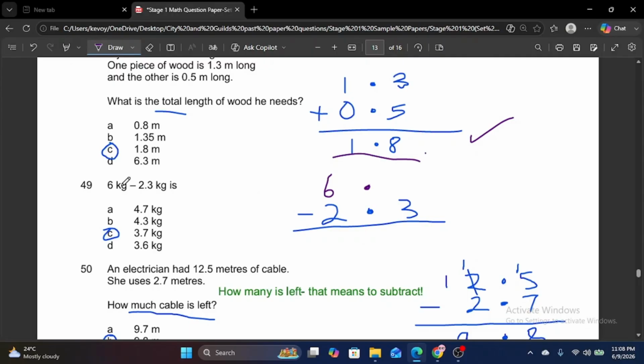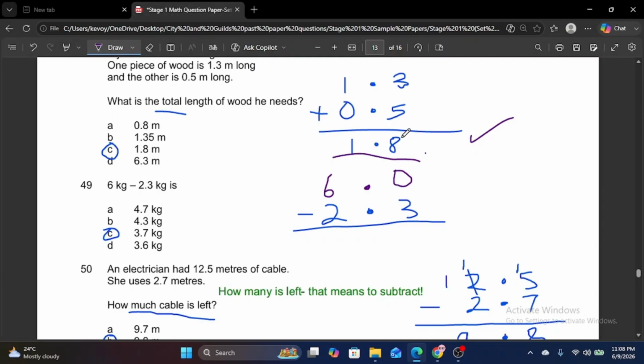So the reason why I put a point when there was no point for the 6 kilograms is because this is a decimal number. I want to ensure that for this decimal number right here, it matches my whole number. So I'm gonna write my whole number as a decimal number. So 6 point, because nothing is there, I put a 0. I ensure that there is enough space between my digits so I can subtract properly.